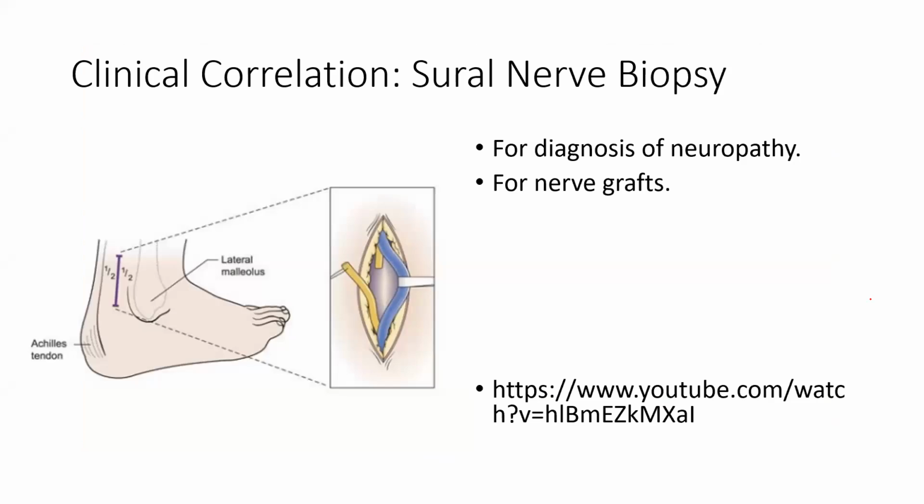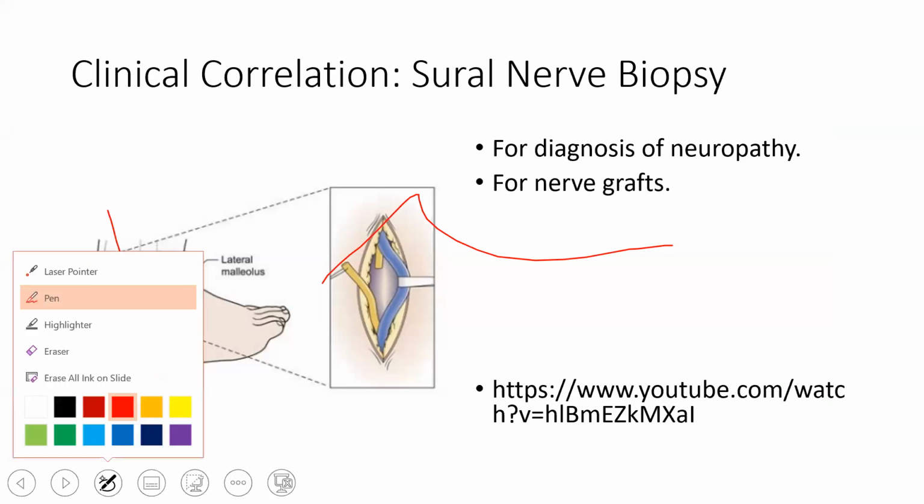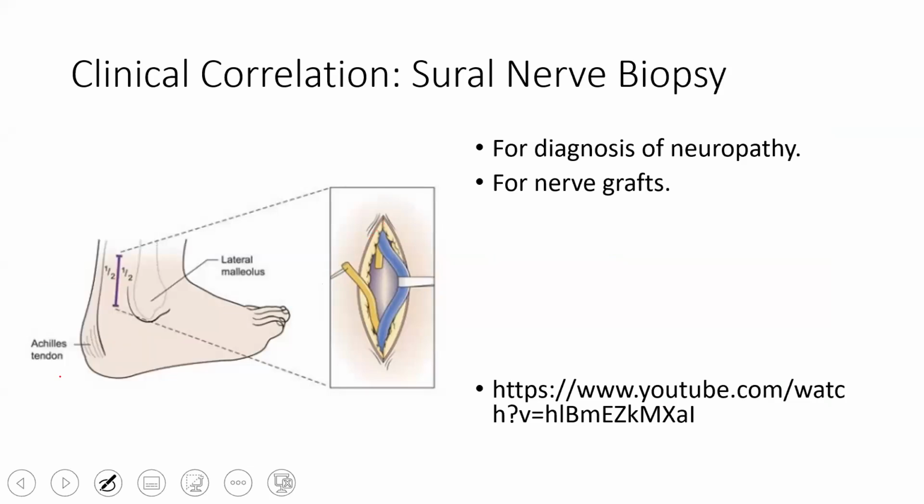Right. Then another clinical point is the sural nerve biopsy. The sural nerve travels subcutaneously, it's superficial, and it can be accessed posterior to the lateral malleolus, in this region.